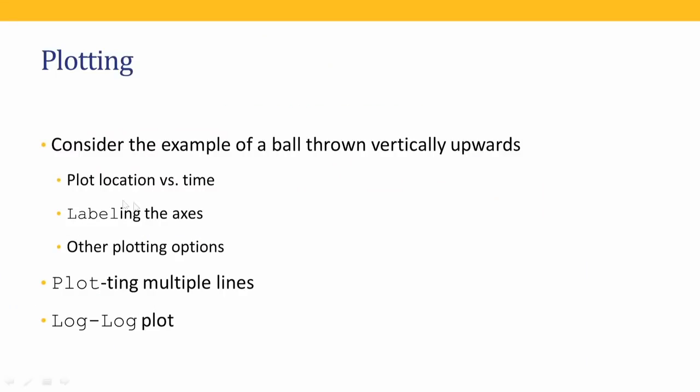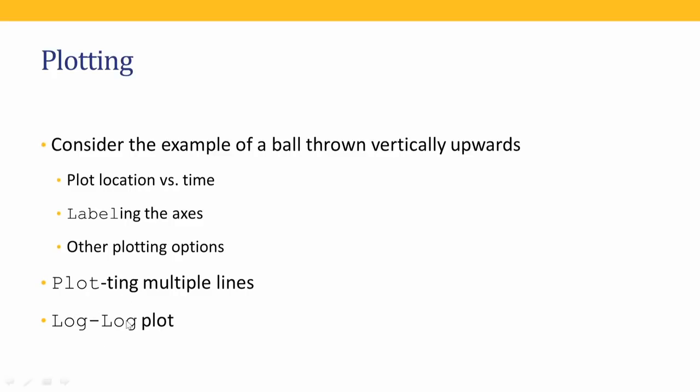So what we have done is we have looked at plotting location versus time. We have looked at ways to label the axis, we have looked at certain other plotting options, and we have seen how to plot multiple lines using matrices, as well as how to plot multiple lines using hold on.